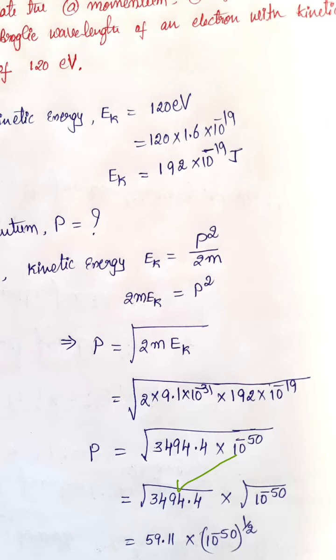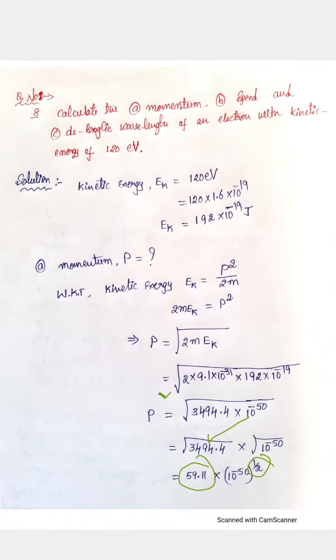If you calculate the square root of 3494.4, you will get nearly 59.11 into, in place of square root you can write the power 1 by 2, that is 10 to the power minus 50 as it is. In place of square root, what have we written? 1 by 2.